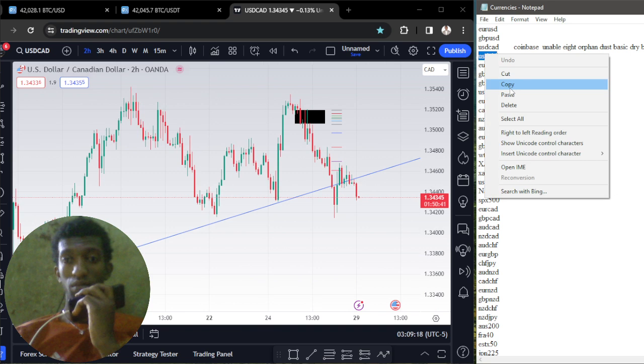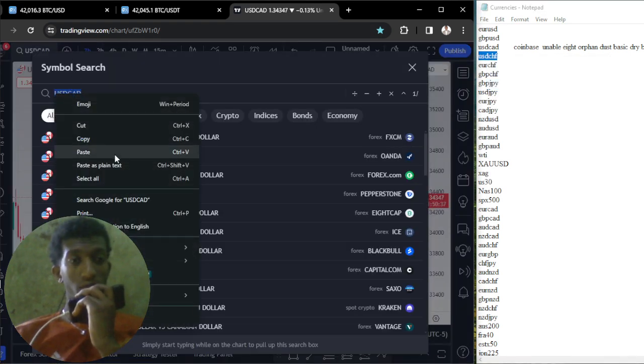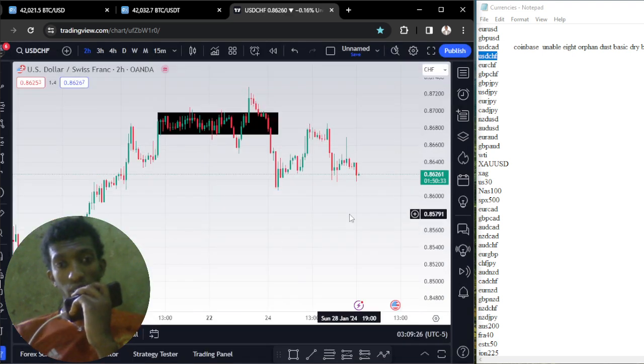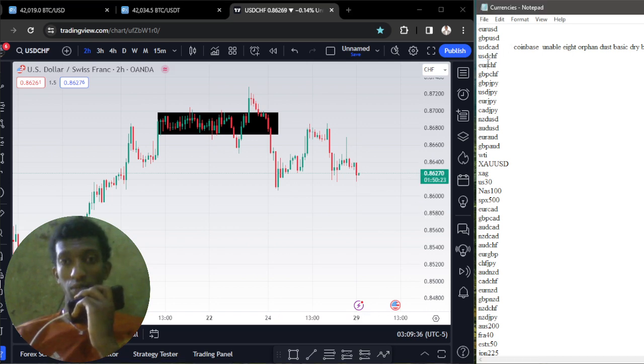Dollar Swiss. We had nothing. We got nothing. But here there was a great trade right there on the upside and on the downside. It was great.